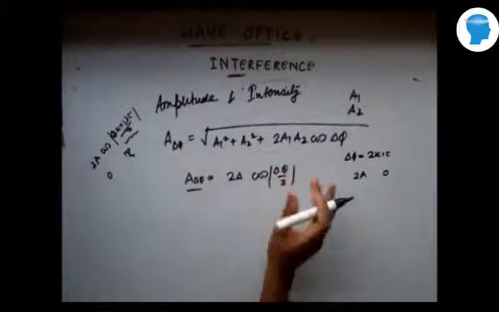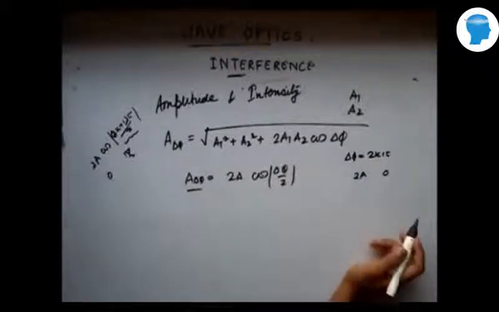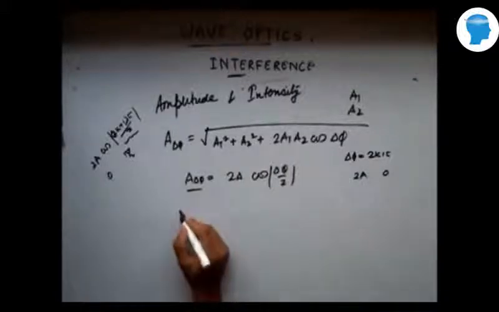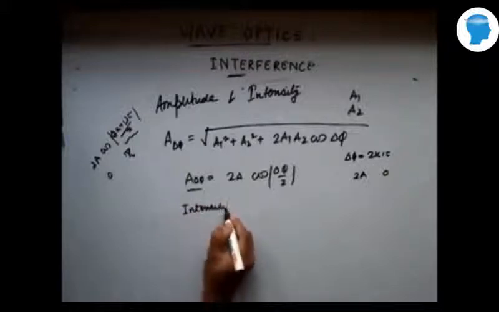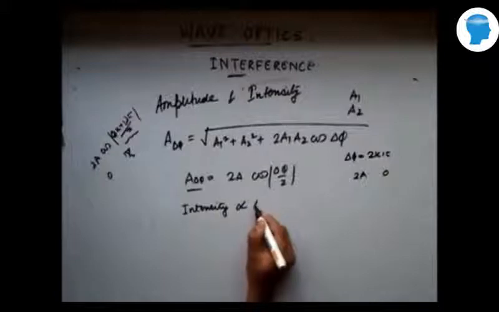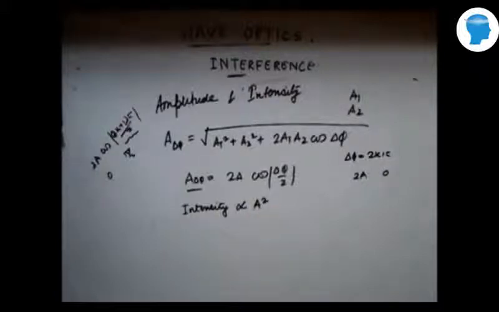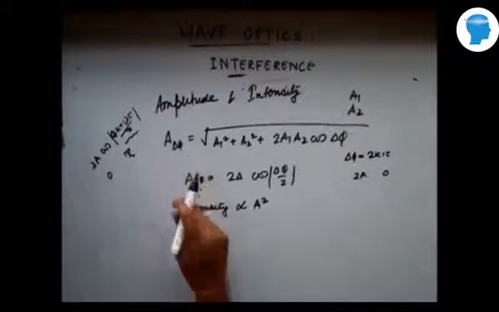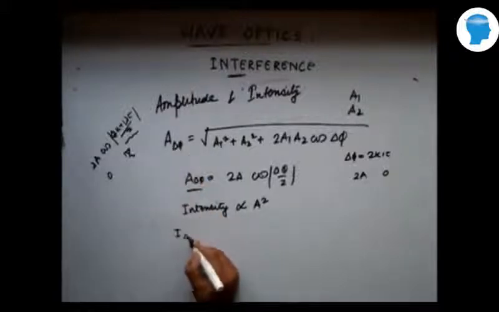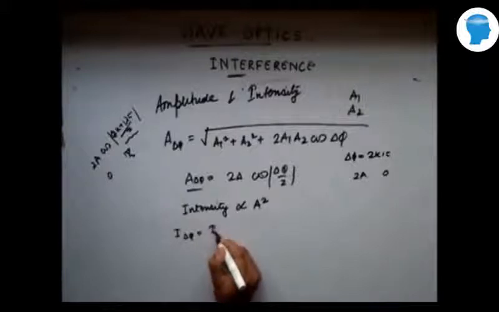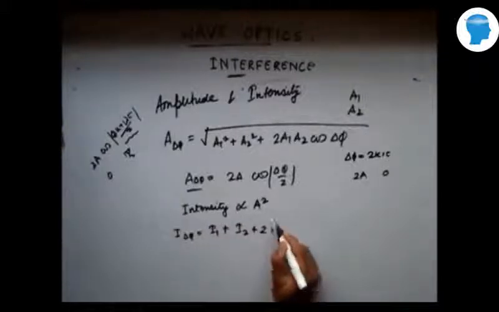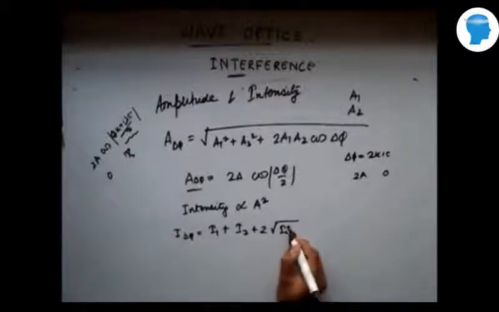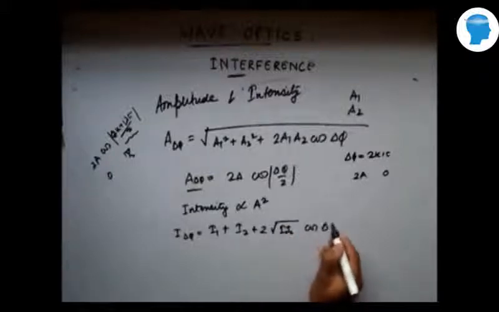Now this was all about resultant amplitude. What is the resultant intensity at a given point when we know the phase difference? You know that intensity is proportional to amplitude square. So if I square this, this will be equal to the resultant intensity, which is I1 plus I2 plus 2 times root of I1 I2 cos of del phi.